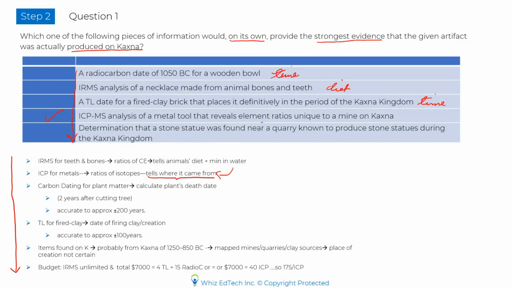All right. So here, the given artifact, if it is made up of stone, we don't know whether the particular thing was made on Kaksna. Again, we are saying the quarry is known to produce stone. So we don't know whether it's true or not. So only D. Okay. Is this clear?